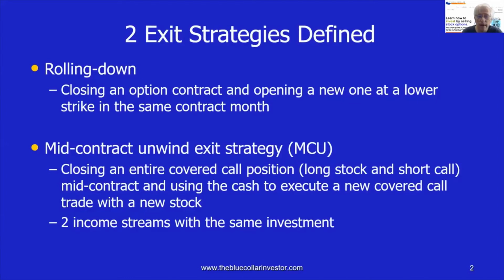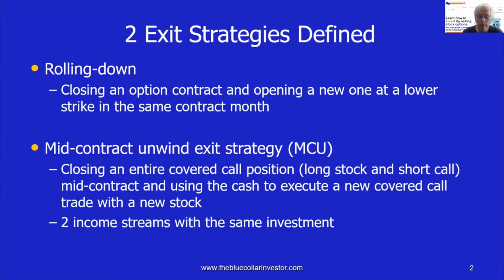Now, a second exit strategy that we're going to have a look at is the mid-contract unwind exit strategy. MCU is referred to in my books and DVDs. This is a situation where the price of the stock actually goes way up, as opposed to rolling down, where the price of the stock is declining. So what we do with the mid-contract unwind exit strategy is we close our entire covered call position.